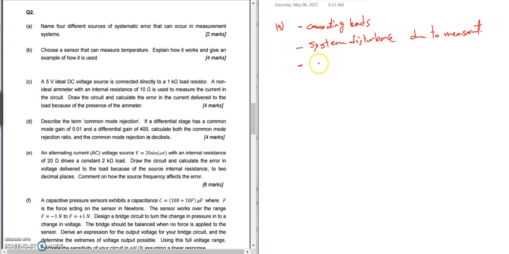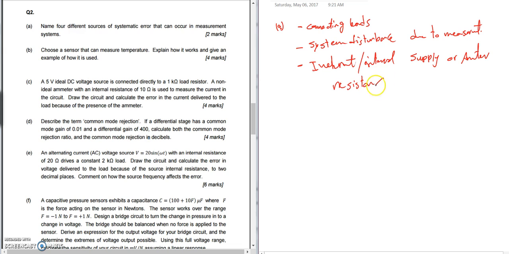What else? Also inherent or internal resistance of the supply, which is the power source, or meter resistance.